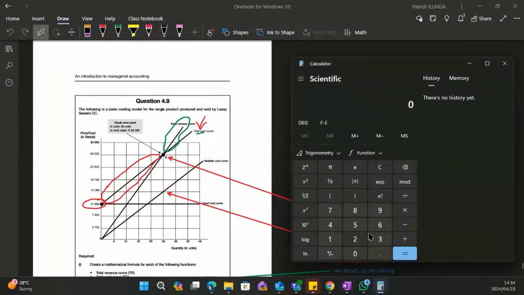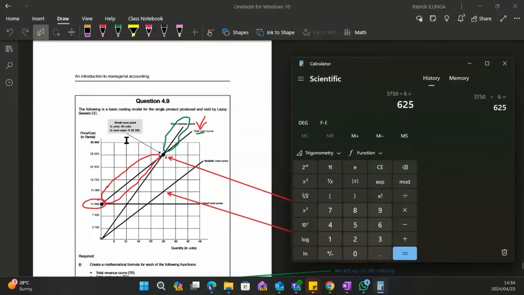It's not perfect, but what I can check is, if 3,750 is linked with 6, can I divide it by 6 to find the price per unit? It gives me 625, but this is not really accurate. How will I know the accurate number?